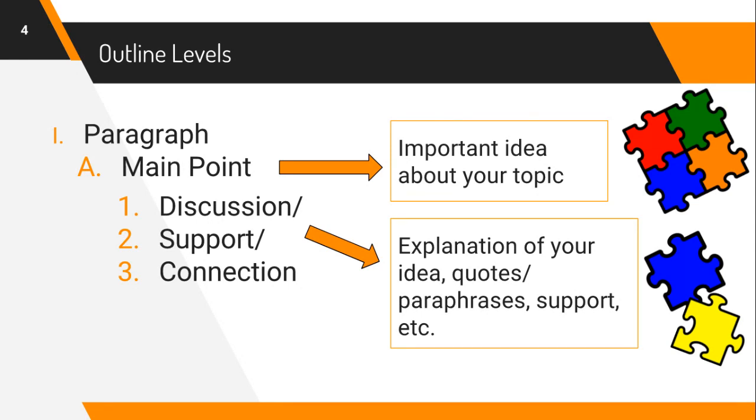So these pieces would be the individual puzzle pieces. And you can see that they all come together to create your main point. All of your main points come together in that single idea that you're talking about in your paragraph.